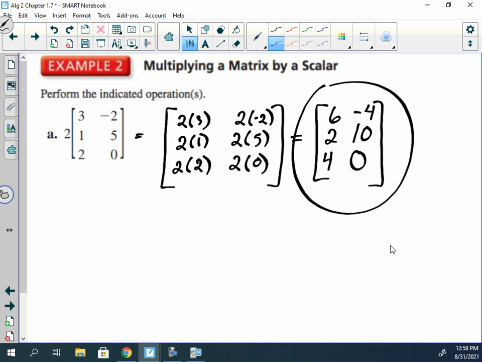We have now scaled that matrix by a factor of 2. That's the answer. Very good. Any questions on this one here?